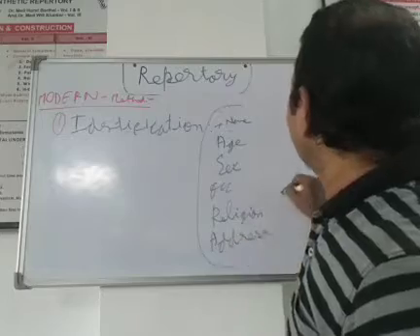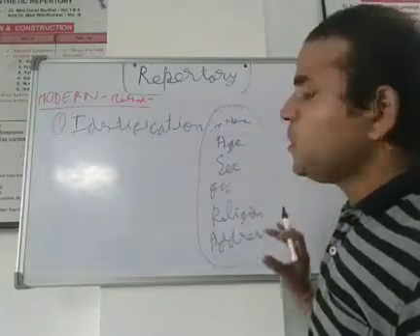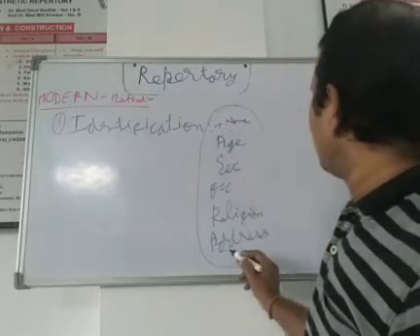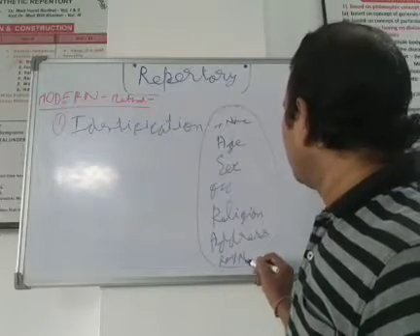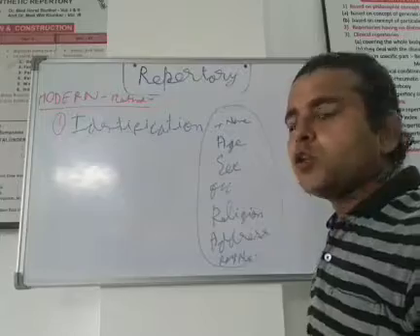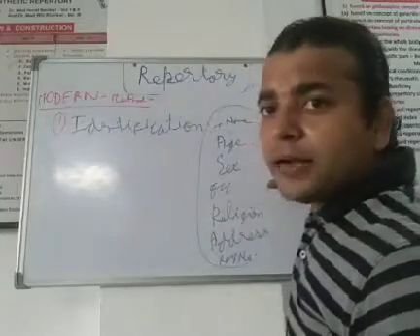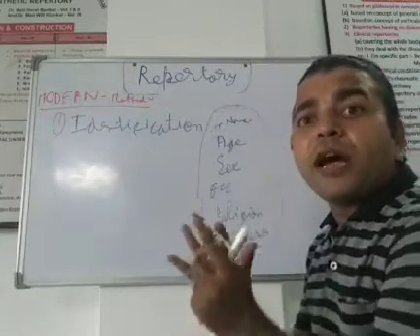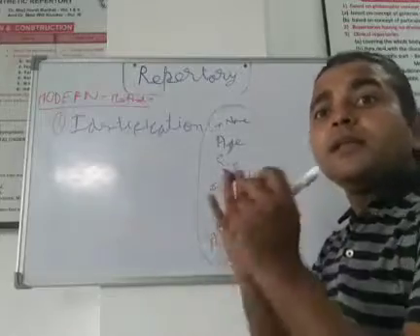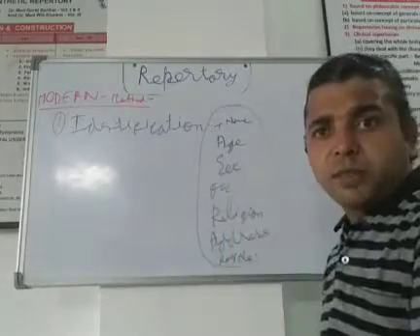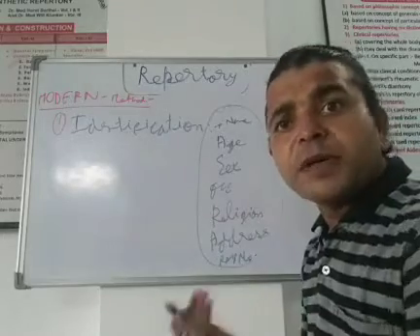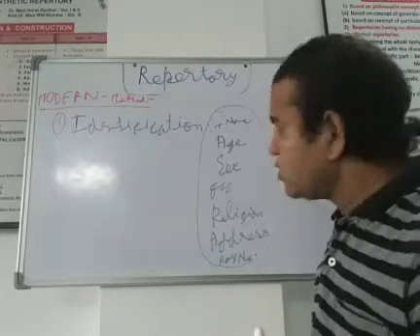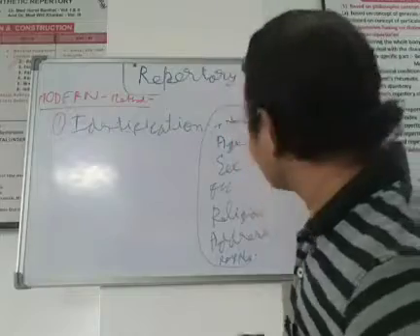These things will identify your patient. Along with this, you can note down an identification number or registration number. This section is for identification, to show which patient this particular repertory graph belongs to.